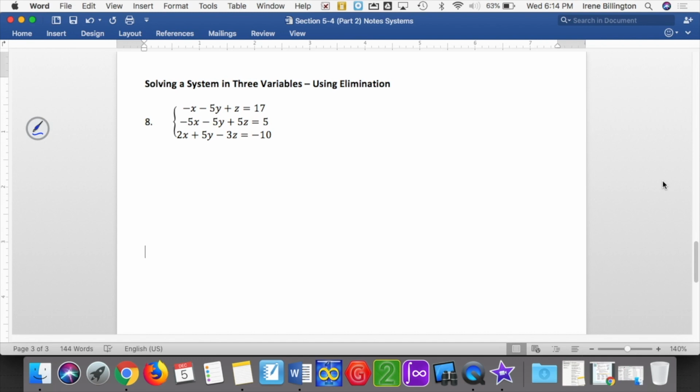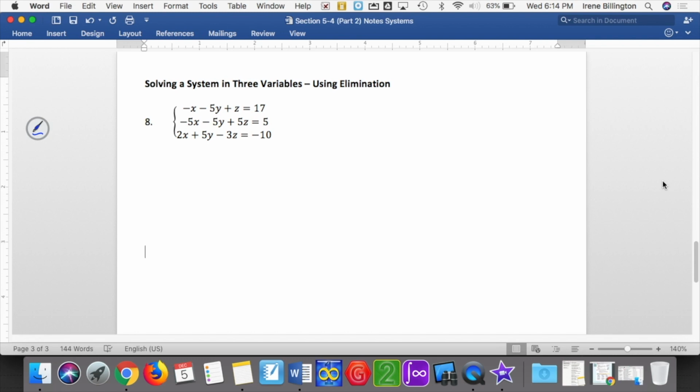So we have x, and we have y, and we have z that are unknown. To do that, we are going to use the elimination and substitution that we have talked about in solving these systems. Now, a system of equations in 3 variables cannot be solved using graphing at this time. You will have to use an algebraic method.